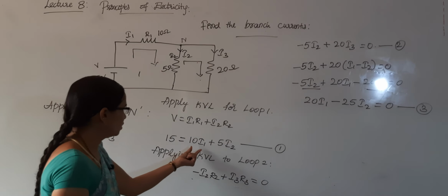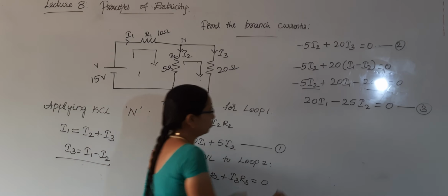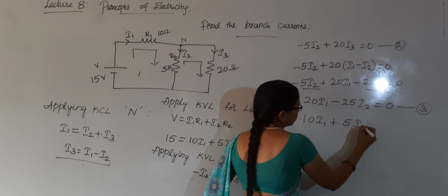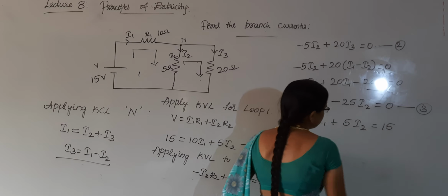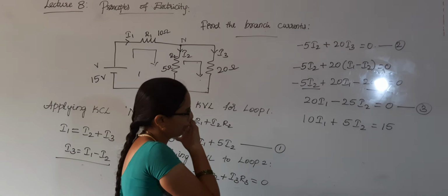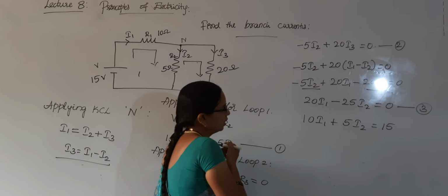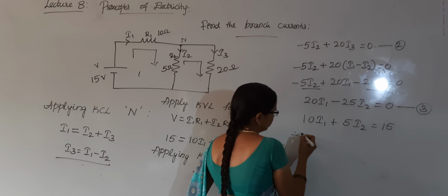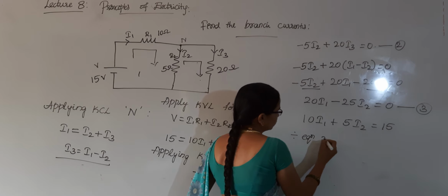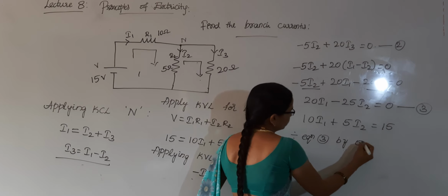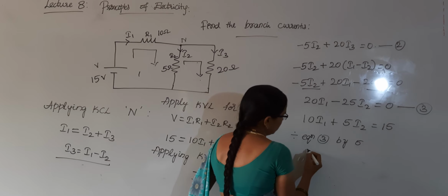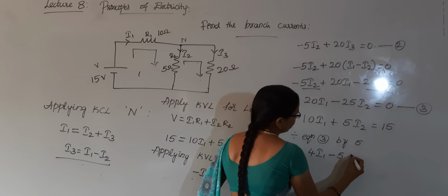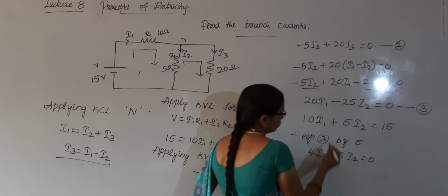Okay. Equation 1 is 10 I1 plus 5 I2 is equal to 15. If I divide equation 3 by 5, what happens? 4 I1 minus 5 I2 is equal to 0.